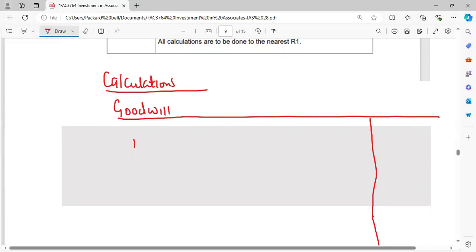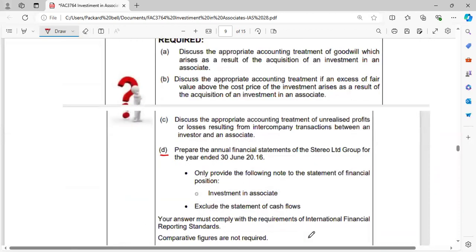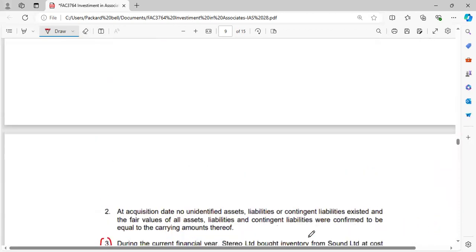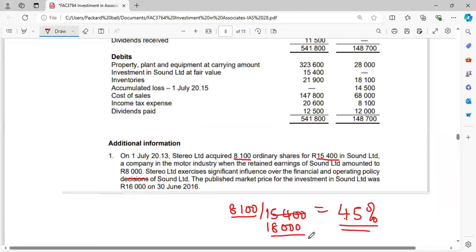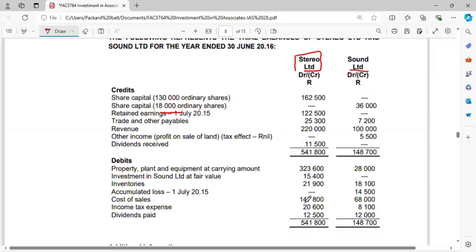When you are calculating, you need your share capital and your retained earnings. What else do we need? The retained earnings were 8,000, and the share capital is 36,000.